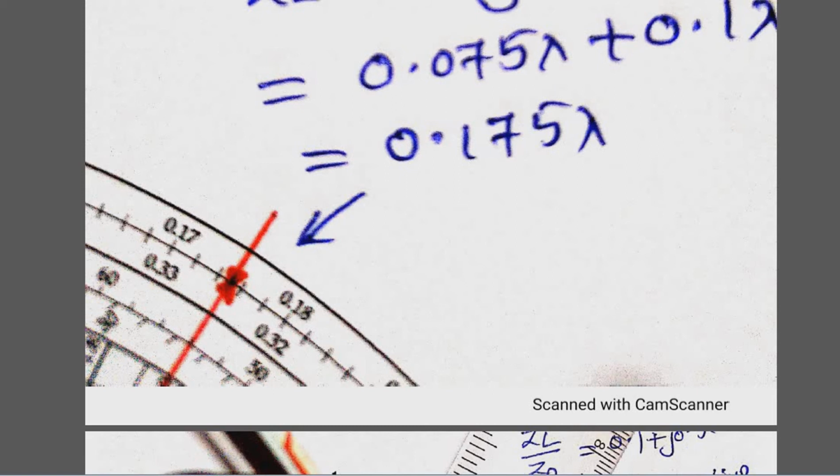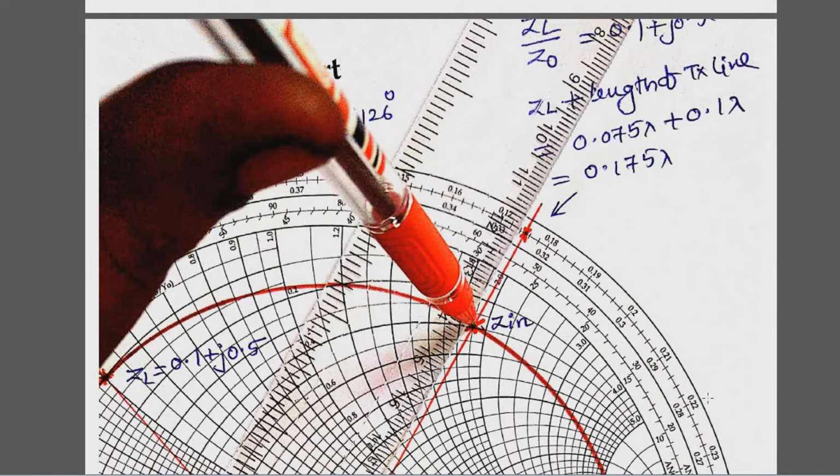From the left side to the right side you shifted 0.075 lambda and added 0.1 lambda, and it becomes 0.175 lambda. That means from the load side you shifted towards the generator side.